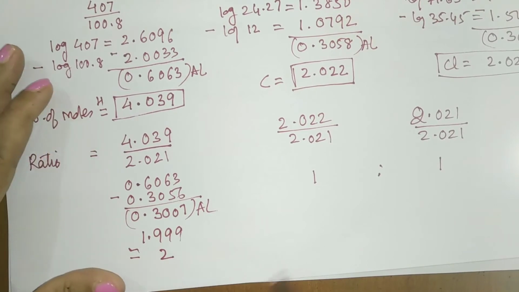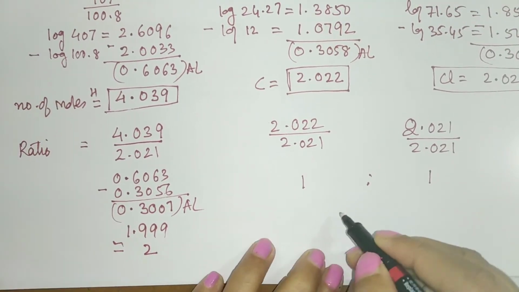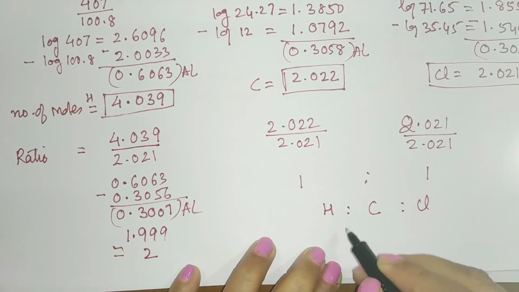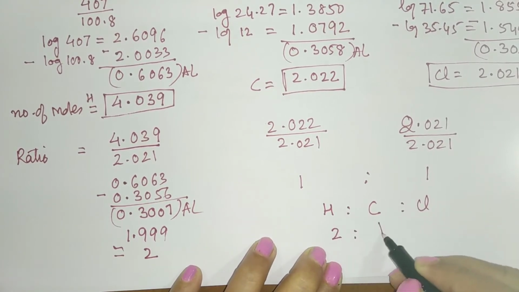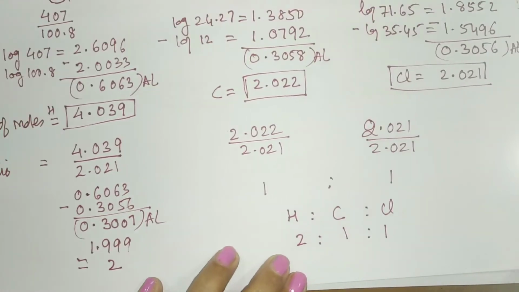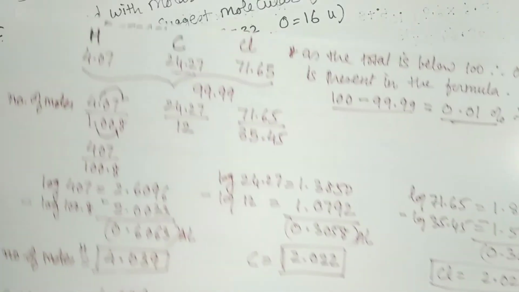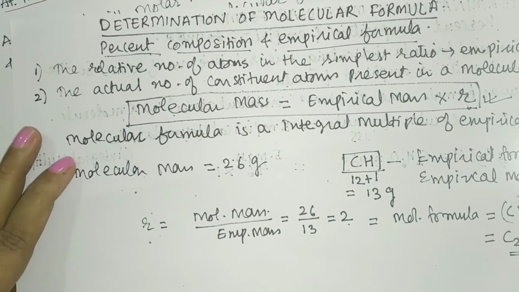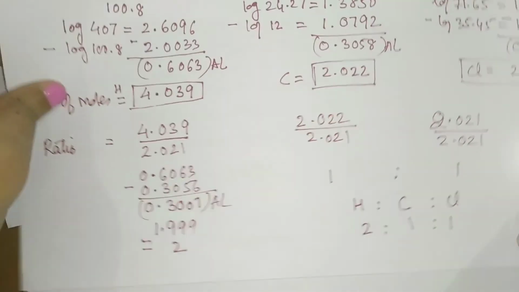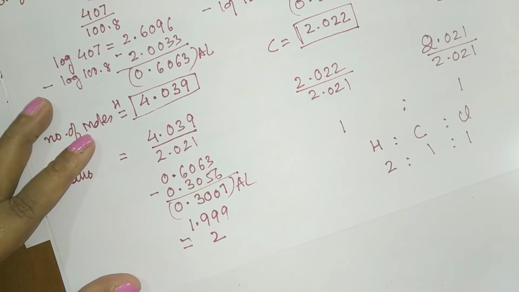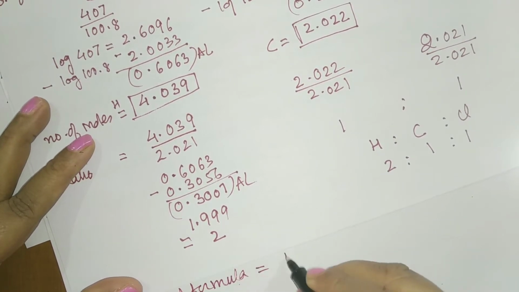So what is the ratio now, students? The ratio will be hydrogen is to carbon is to chlorine is 2:1:1. So what will be the empirical formula here? Let us see that. So students, the empirical formula will be H2.